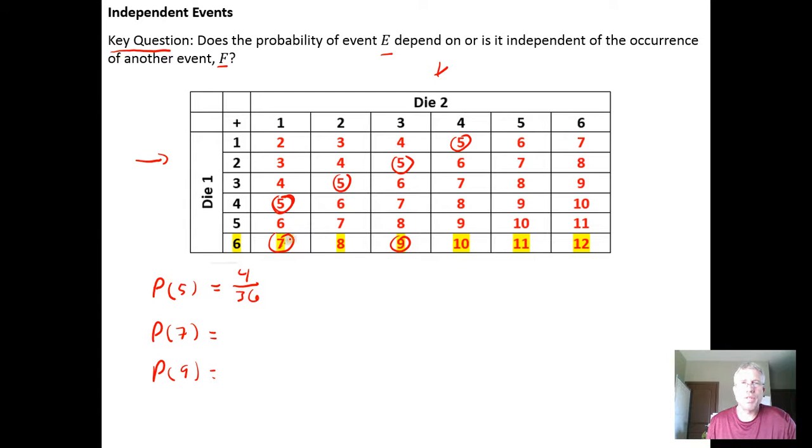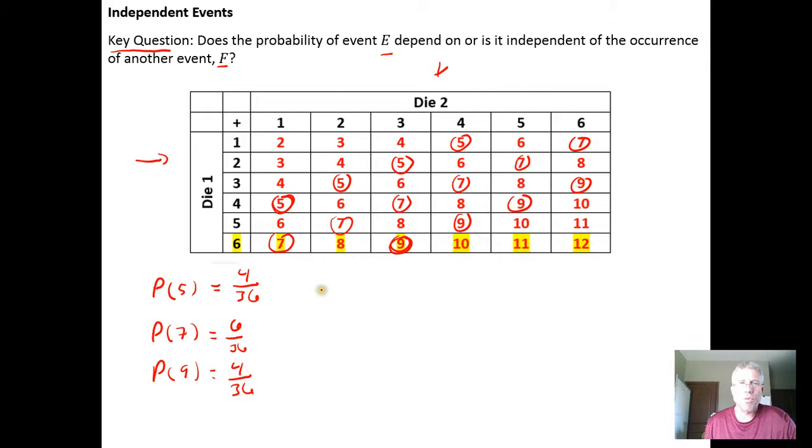For the 7, we get 1, 2, 3, 4, 5, 6 ways that we can get a 7 out of 36 possible sums. And for 9, we get 1, 2, 3, 4 ways that we can get a 9 out of the 36 sums.